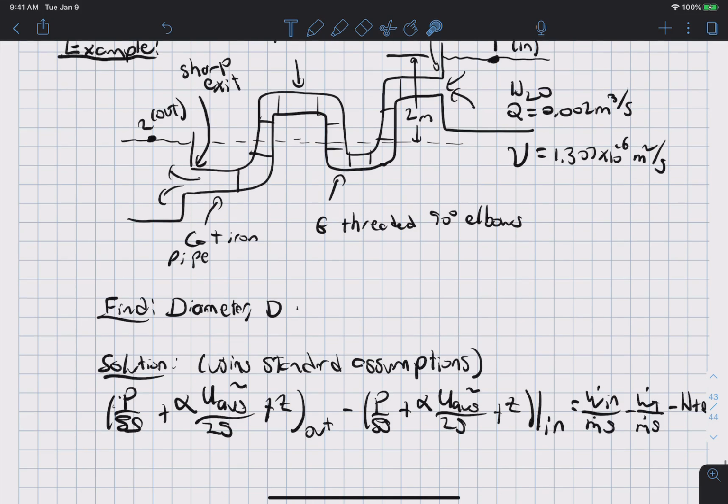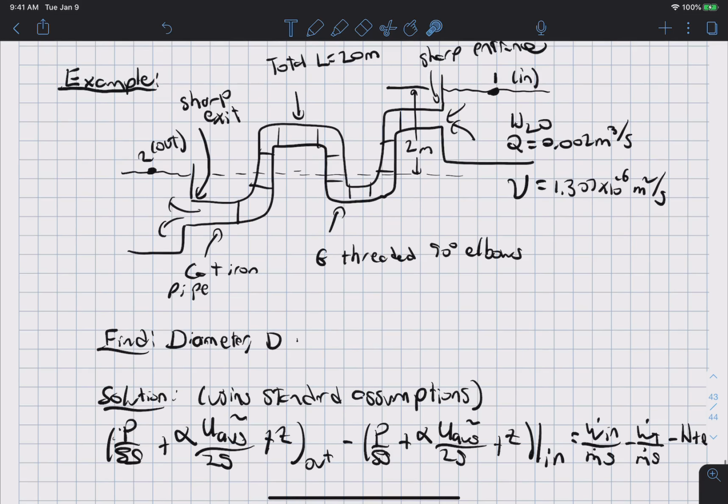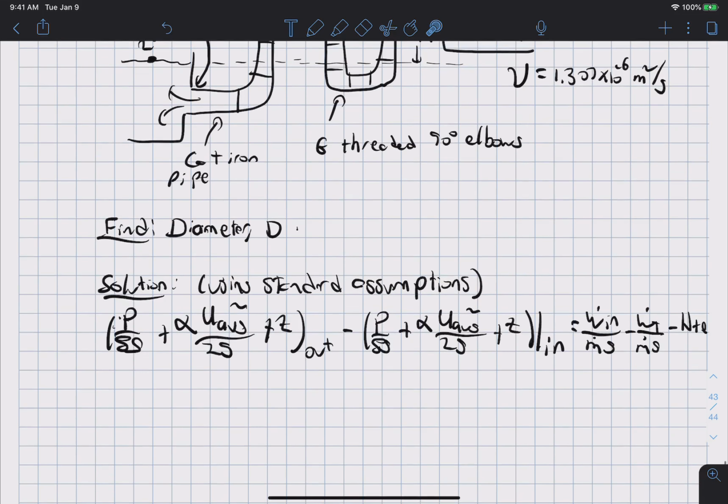The reason that I'm choosing them to be here is at the top, we know both the pressure and the velocity squared. Because again, we're going to assume a large tank, so the velocity squared at the top of each of these two tanks is essentially 0. And the pressure is atmospheric, so those two terms cancel.